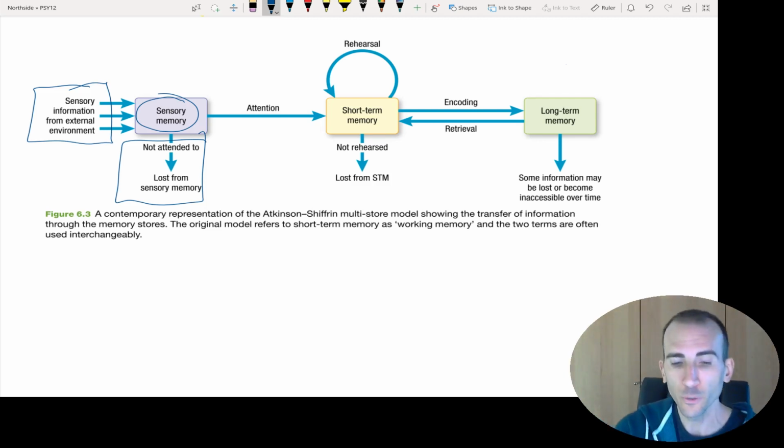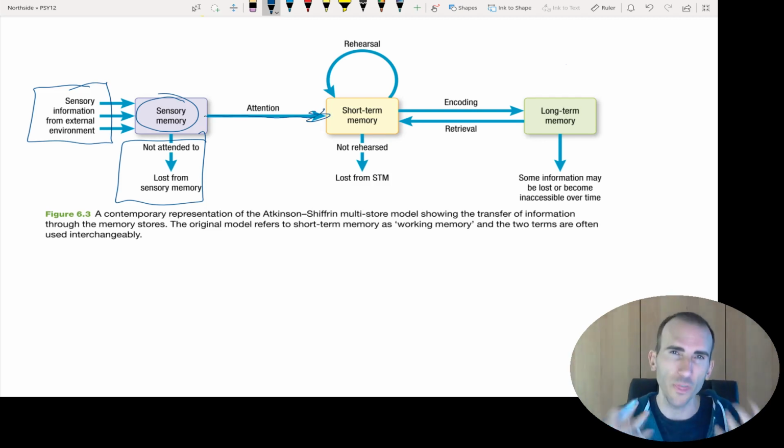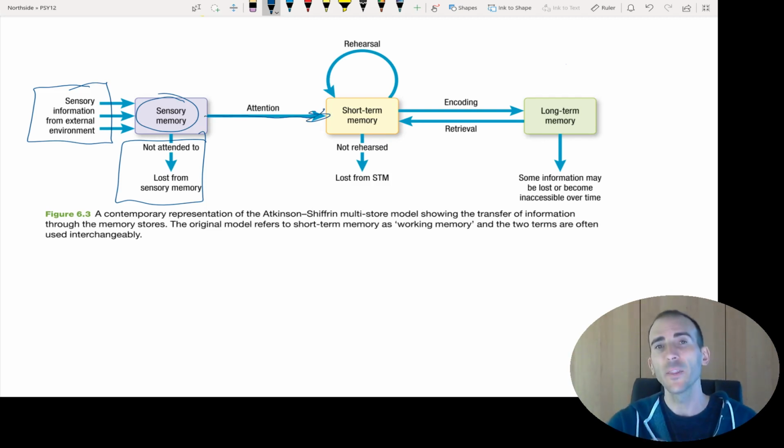However, if we do pay attention, like in the example from last lesson, I'm looking at the Mona Lisa, I'm thinking about it, I'm processing it, then I'm starting to encode it. And then it enters, according to Atkinson and Shiffrin, the short-term memory. Now, we sometimes talk about short-term memory like, oh, I just remembered it for that day, so it was in my short-term memory.